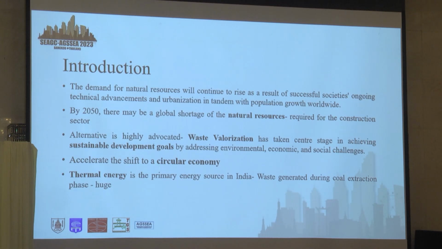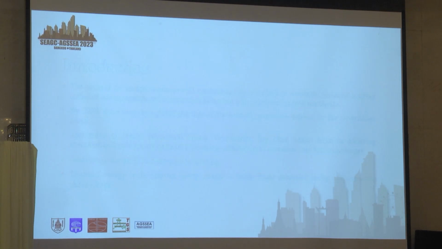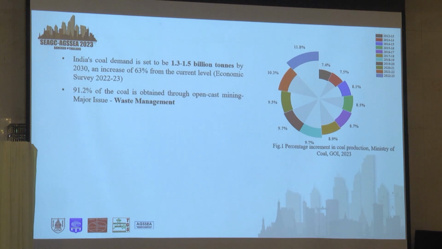Now, if we take the present scenario of India, the major energy source is thermal power plants. Like 70% of the electricity is produced through the thermal sector only. And as per the statistics, we can see that there is a positive increment in the coal production every year.